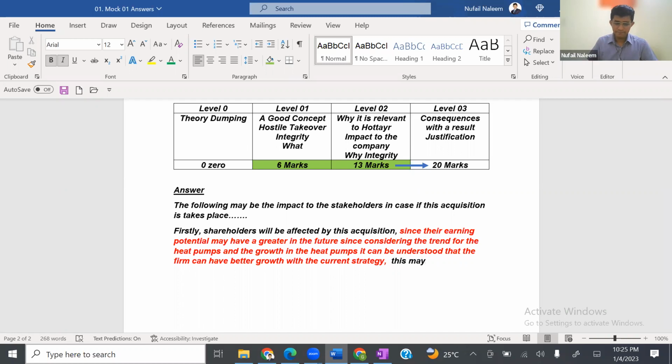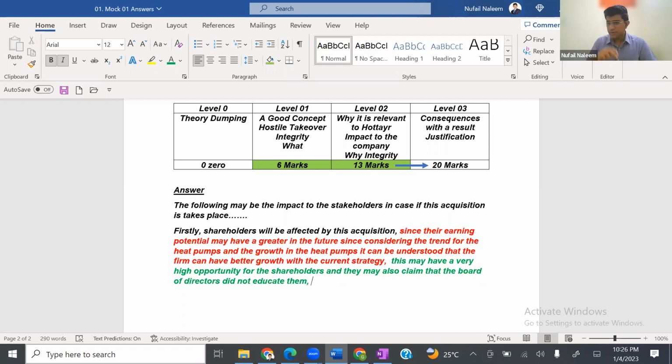This may have a very high opportunity cost for the shareholders, and they may also claim that the board of directors did not educate them, definitely.